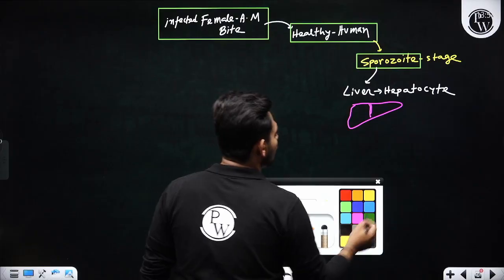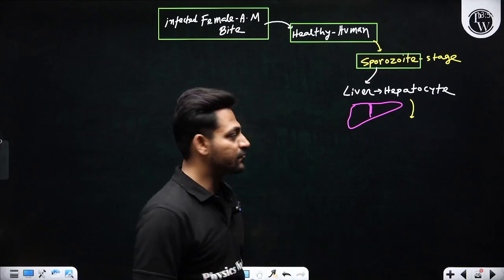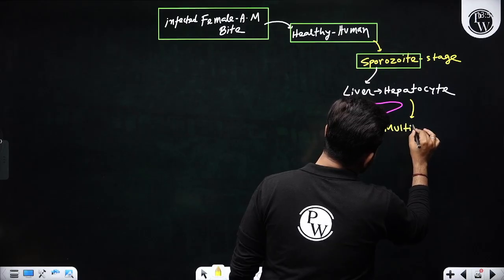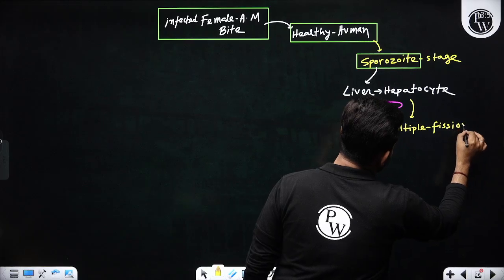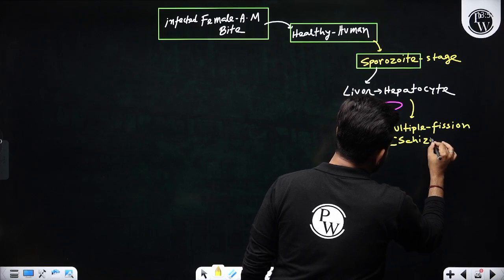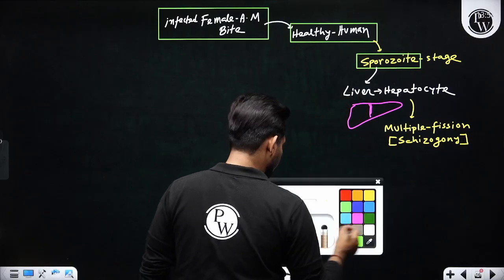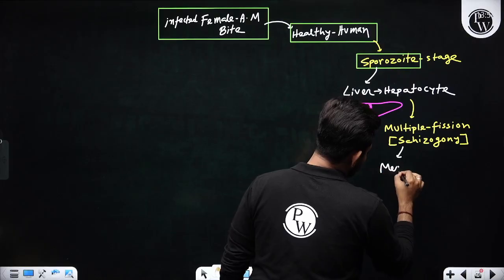Inside those hepatocytes, they will undergo multiple fission or asexual reproduction. We call this schizogony, and it will produce merozoites.